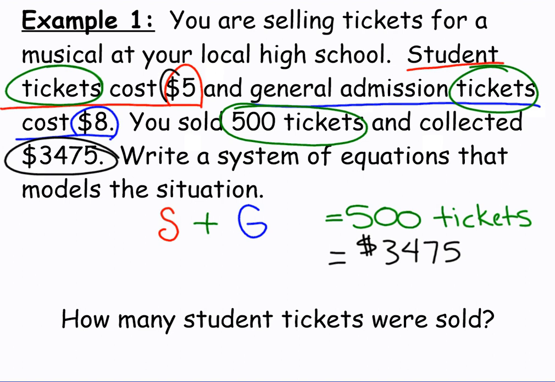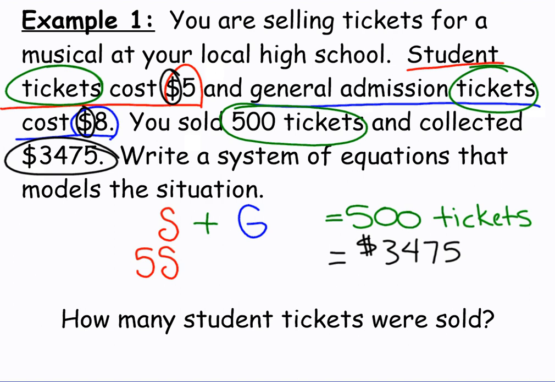I see one here when I have $5 for my student tickets. And I see one here when I have $8 for my general admission tickets. So I'm going to go ahead and use that information in my money total. Well, I already know S is my student tickets. In order to get my money in there, I know student tickets cost $5. So 5S represents $5 for every student ticket sold.